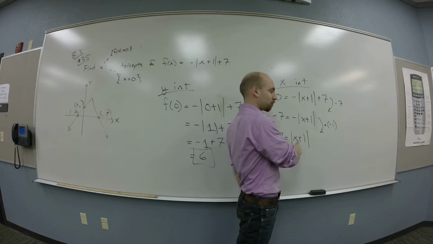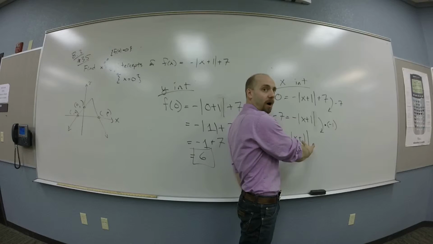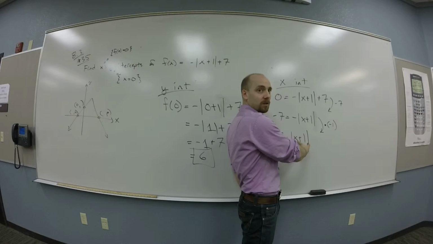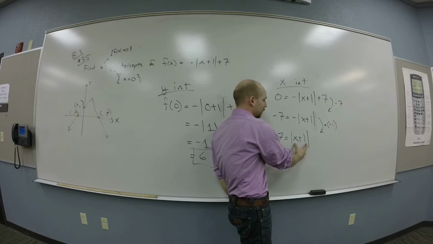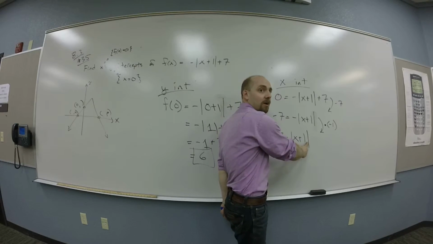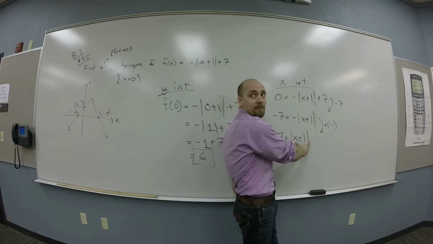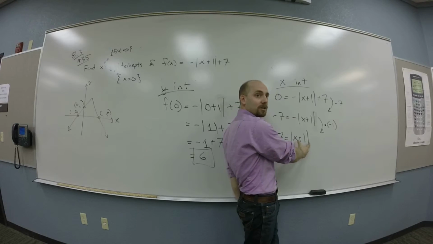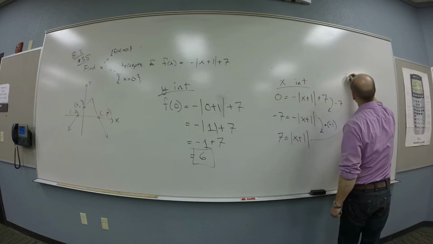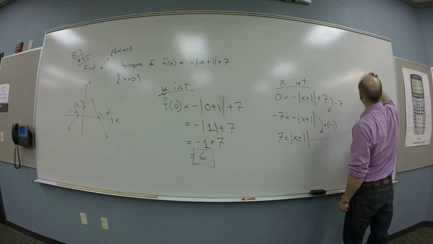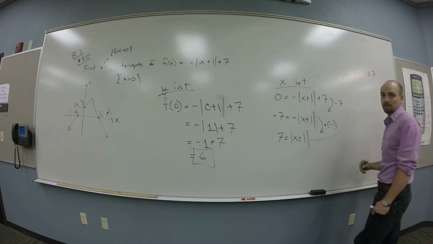What does that mean x plus 1 is? There's only two options. It's either plus 7, right? I'm just talking about this piece. To get 7 out of an absolute value, the stuff in there has got to be either 7 or minus 7. Okay, see that? So I could just say x plus 1 is plus or minus 7.